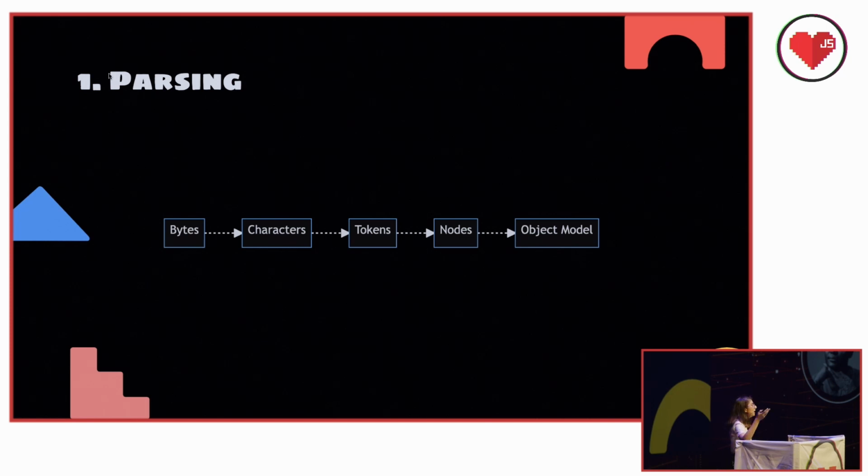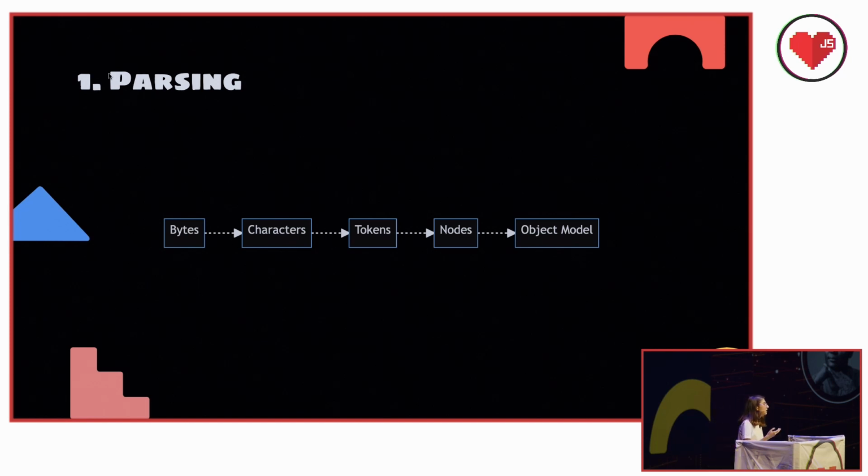For example, the name of the tag, the attributes, and everything. And then, based on the parent-child relationship of these nodes, it will create a tree-like object model that we know as DOM.